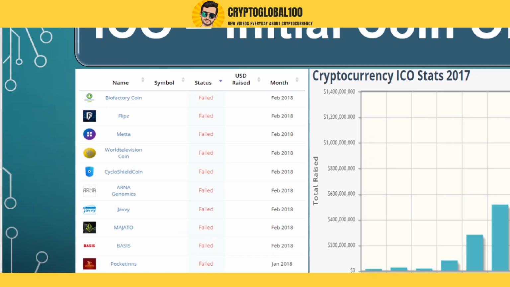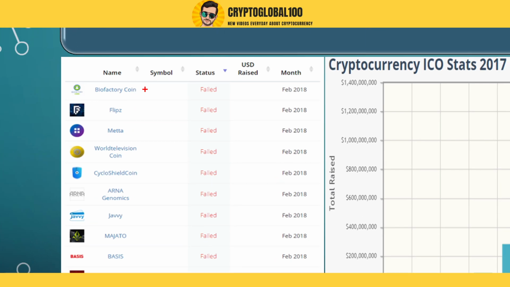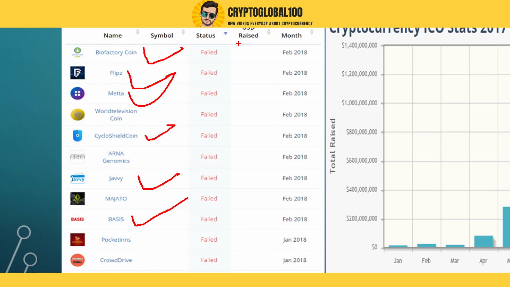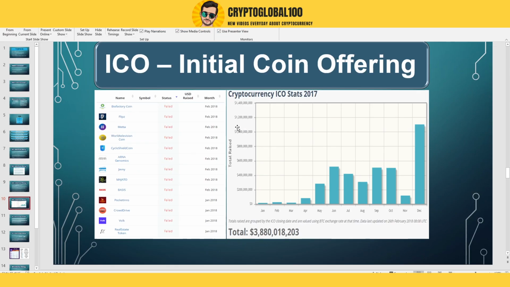For example, these are some of the coins: Biofactory Coin, Flips, Meta, Cyclo Shield Coin, Javi, Bases. These are some of the coins which launched back in 2018, and they basically scammed the people, they went bankrupt, so all the money was wasted.